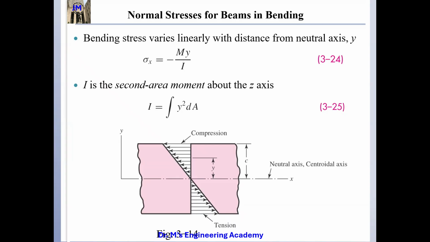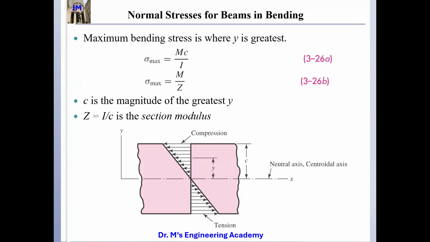If you bend it this way, this will be the compressive stress, and here is the tensile stress. You can see the neutral axis and the centroidal axis are identical for these special cases. Questions? No question? Move on to the next one.